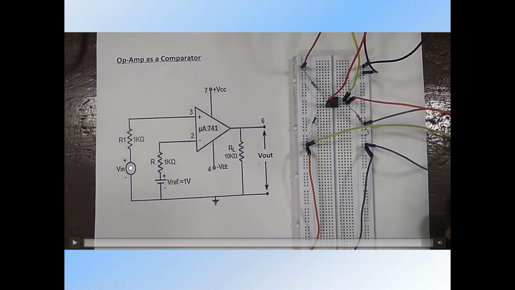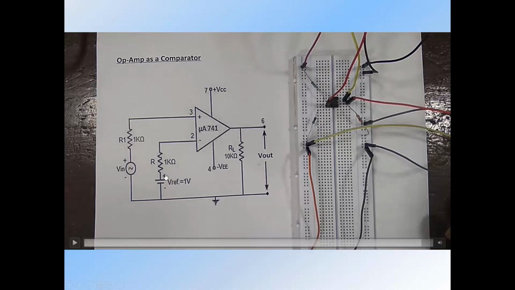Input voltage from the function generator is connected to pin number 3 through a resistor of 1 kilo ohm with the help of this brown jumper wire, and ground of this function generator is connected to ground of the breadboard with the help of this black jumper wire.